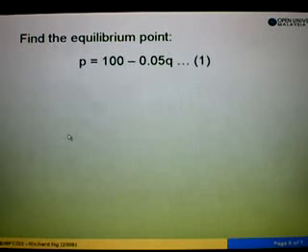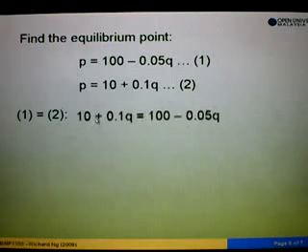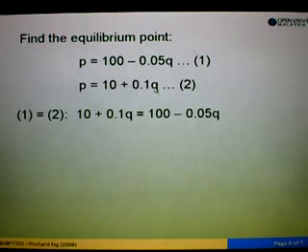Now to find the equilibrium point, we take the demand function and supply function and solve them simultaneously. Since on the left hand side we have P and P, we take equation 1 equals equation 2. So we get 10 plus 0.1Q equals 100 minus 0.05Q. From here, shift the negative 0.05Q to the left and shift 10 to the right.